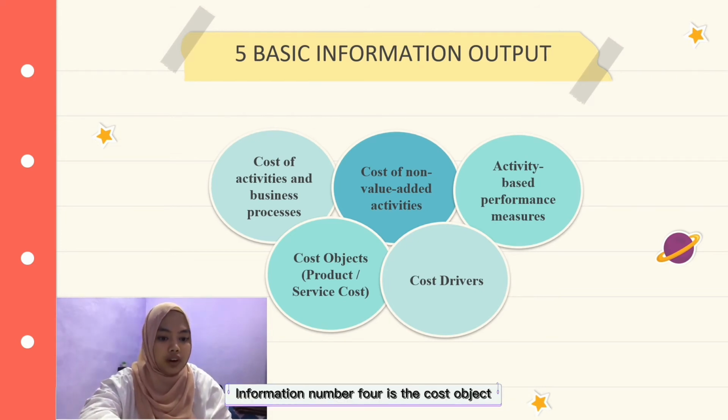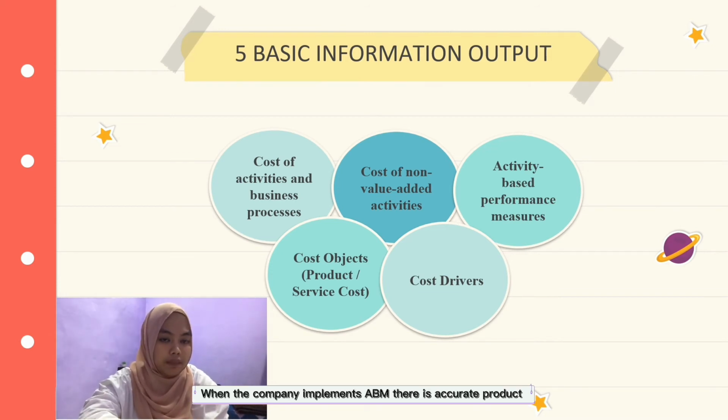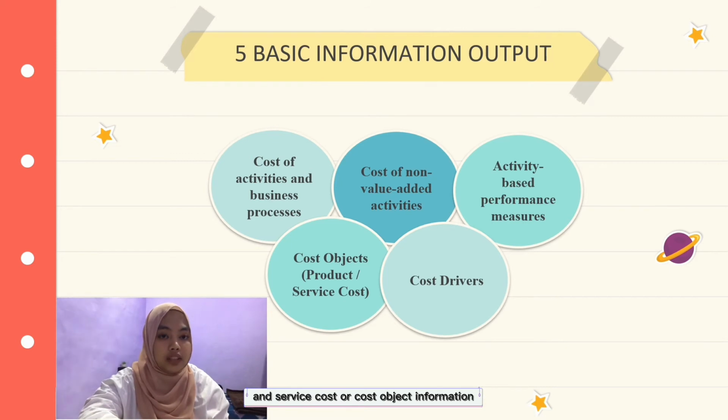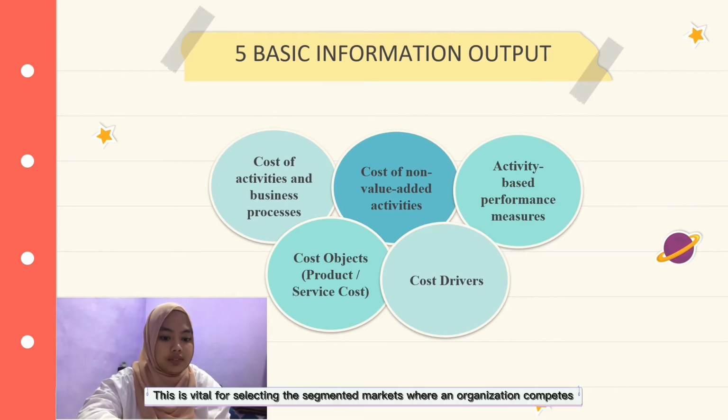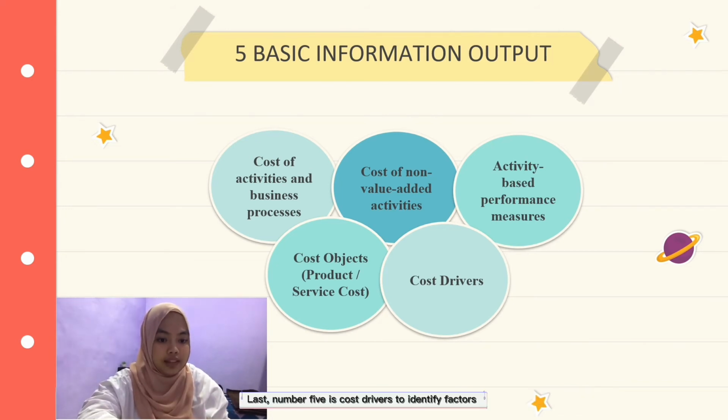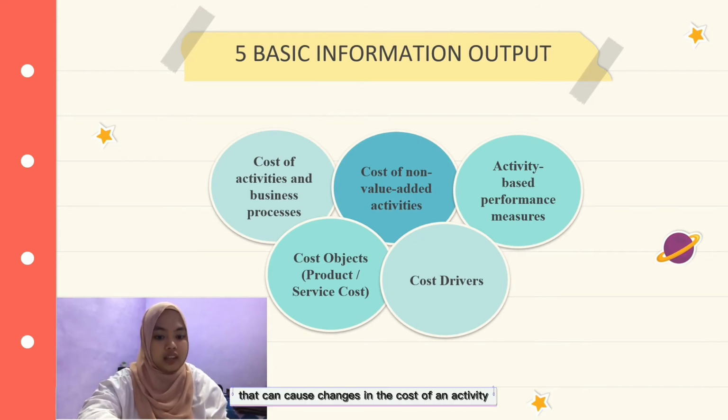Information number 4 is the cost object. When the company implements ABM, there is accurate product and service cost or cost object information. This is vital for selecting the segmented markets where an organization competes. Last, number 5 is cost drivers, to identify factors that can cause change in the cost of an activity.